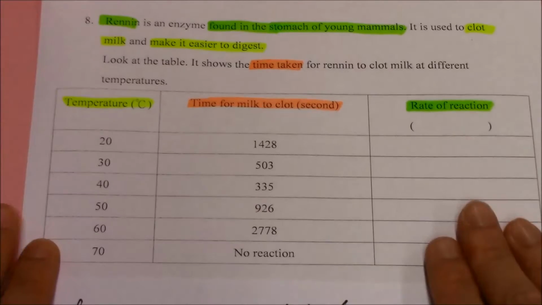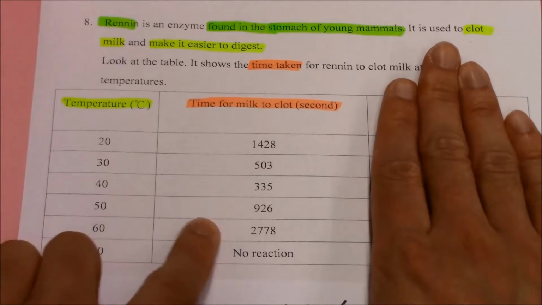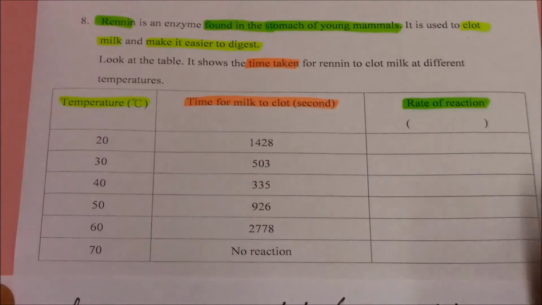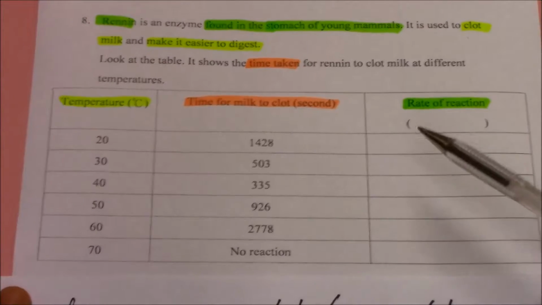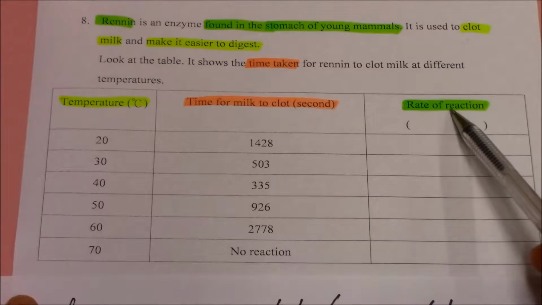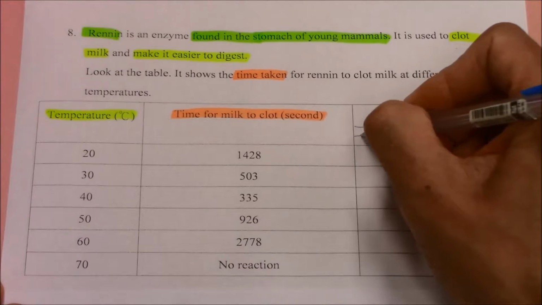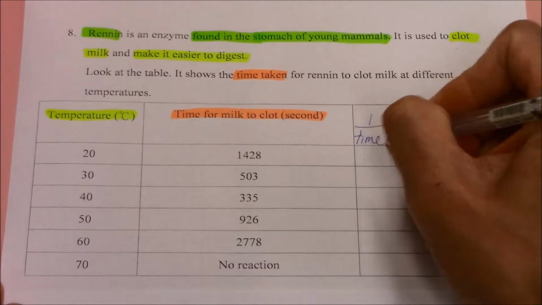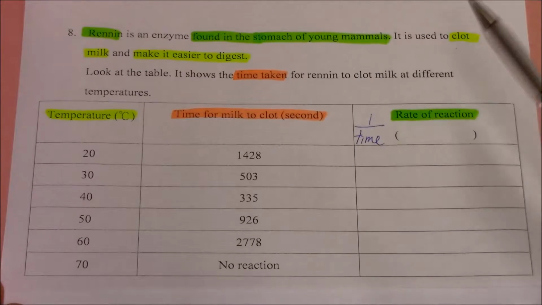In your question, the table just has these two columns, and I add one more for you because I want you to recall the memory. How can we calculate the rate of reaction? Beware of that. The rate of reaction should be 1 over time. A complete reaction over the time.